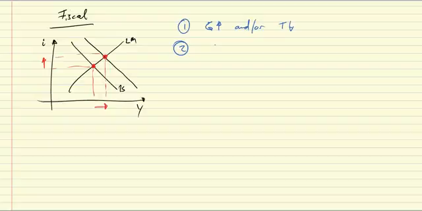Well, this fiscal expansion leads to an increase in income through the multiplier process. Third, that increase in income in turn leads to an increase in money demand due to higher transactions demand.